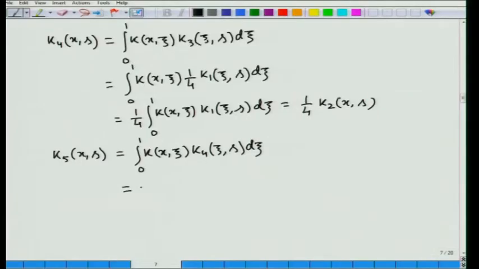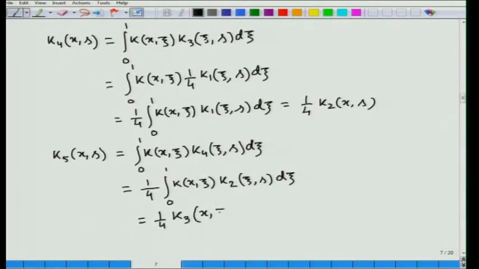So, using this result you can write this as 1/4 times the integral from 0 to 1 of k(x,xi) k2(xi,s) d xi, which is nothing but 1/4 k3(x,s).